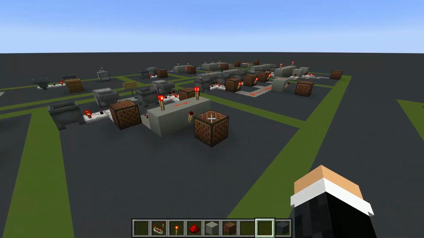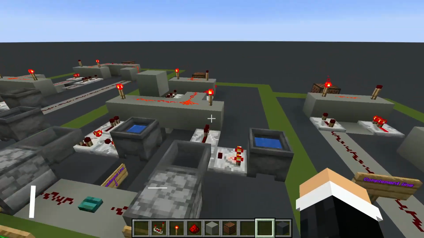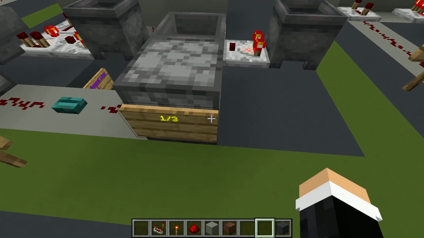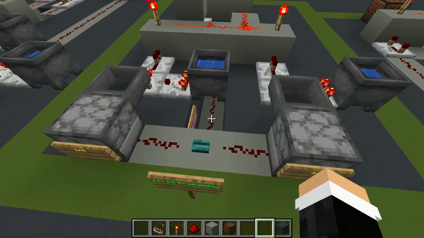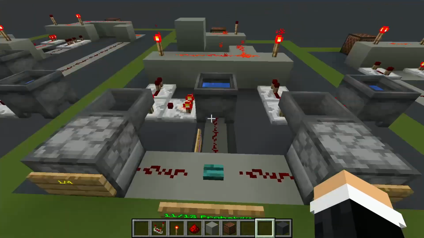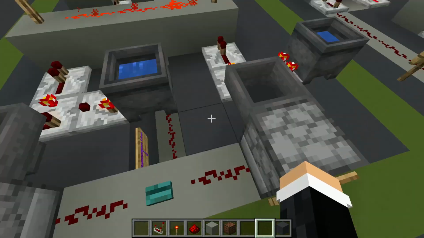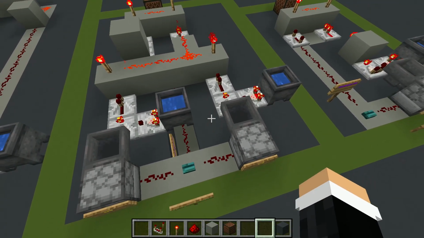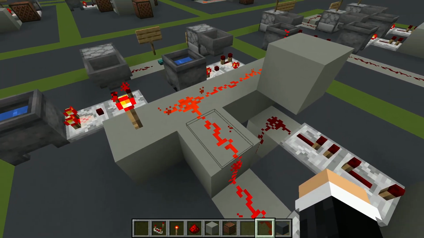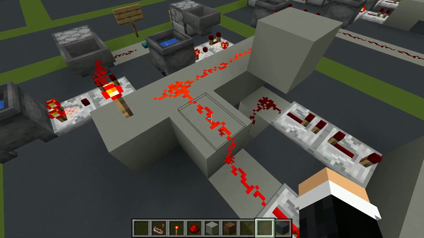Because the torch turns off when they're both on, but over here, I don't have that state. So essentially, in order for this gate to remain on, we cannot have it where both netherite swords go through, right? So that's the 1 in 12 chance, when both netherite swords go through. That's the 1 in 12 chance that we're negating. And we're negating that by not putting a torch here, right? So that's doing the opposite signal as what we would have been doing.